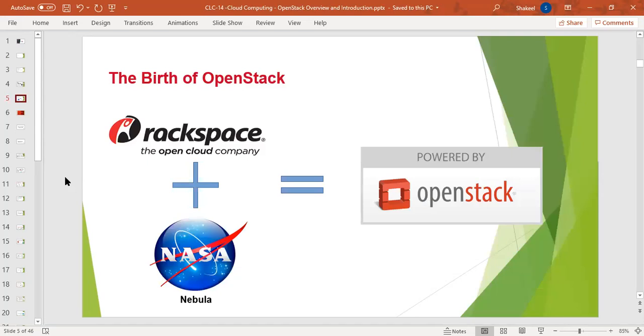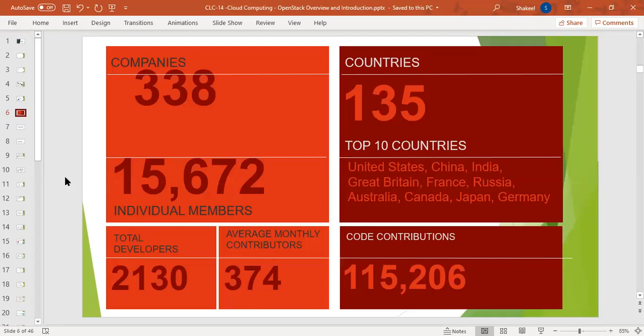This was the birth of OpenStack, a collaboration between Rackspace, the open cloud company, and Nebula, a project of NASA. More than 500 companies to date have participated in OpenStack, and there are more than 15,672 individual members of this community, and 2,130 developers, and the average monthly contributors are 374.